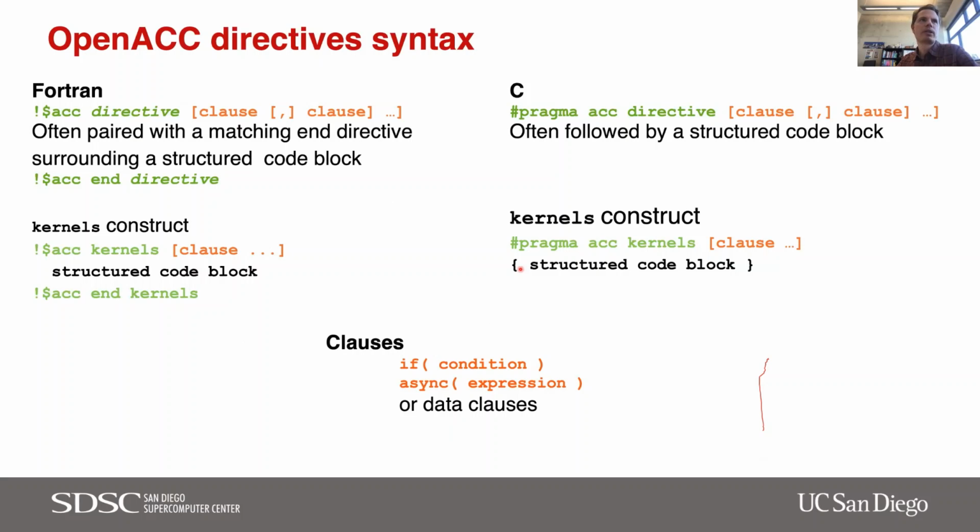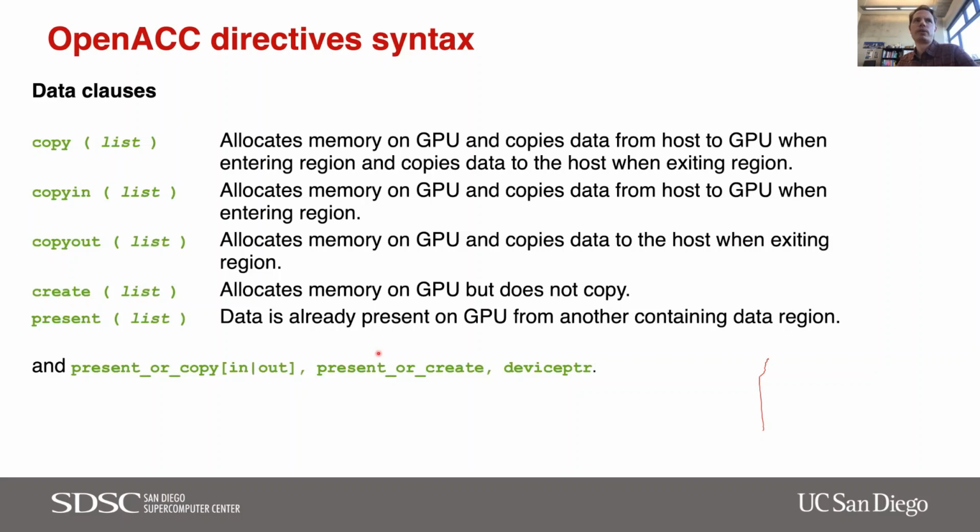So you have these ACC directives, or pragmas in C or C++. We've just seen a kernels construct, and you can add certain clauses to it, with if conditions or async expressions or data clauses. Data clauses mean you can say copyin, copyout, create, present. I talked about the separate GPU and CPU memory earlier.